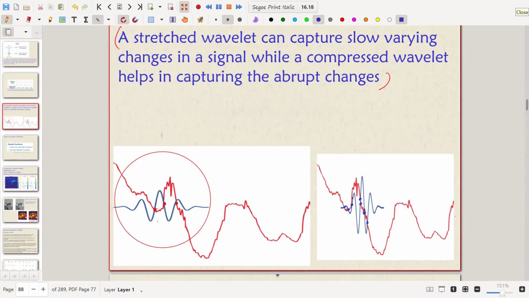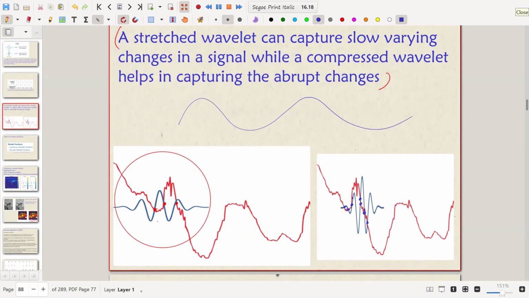So you can see that if your wavelet is stretched, understood? How will it look? It will look like this. If a wavelet is stretched, then it is not able to make use of highly rapidly changing signals.